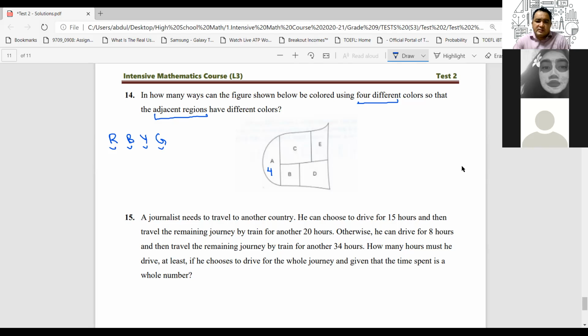Since it says the adjacent regions must have different colors, that means A is adjacent to C because it is sharing this border, just as Azerbaijan borders some countries. That's why, if you look at the map, they color the map with this logic. We do not see any 2 countries that border each other and have the same color.